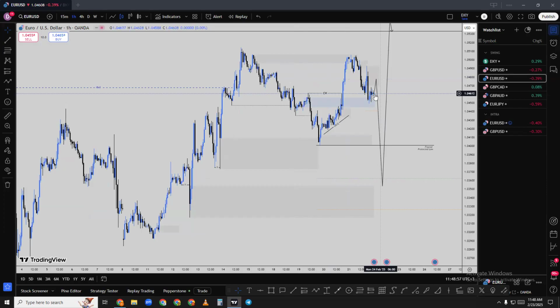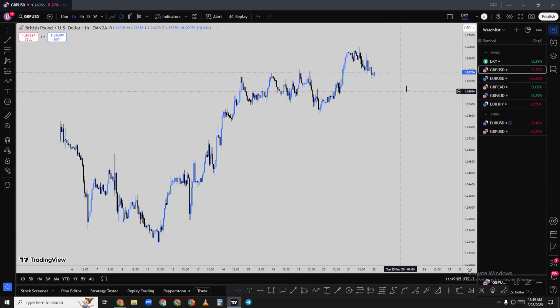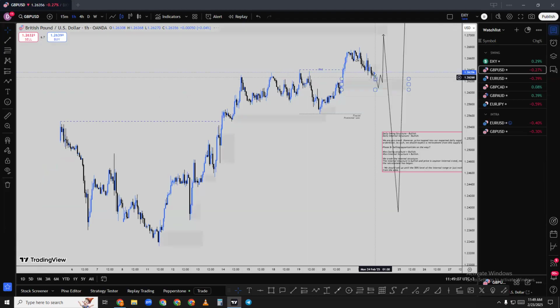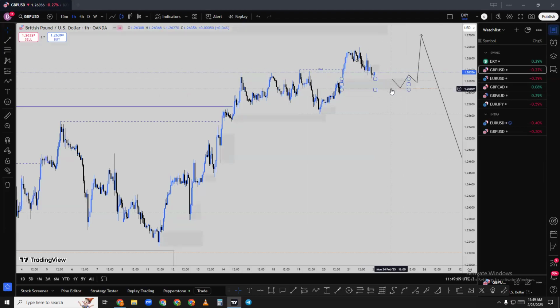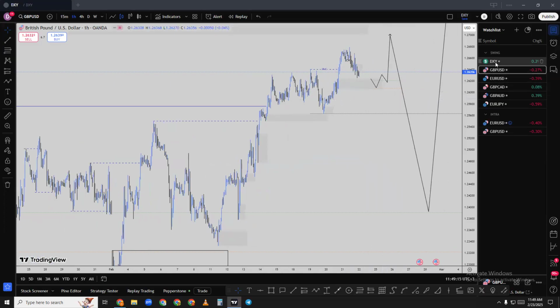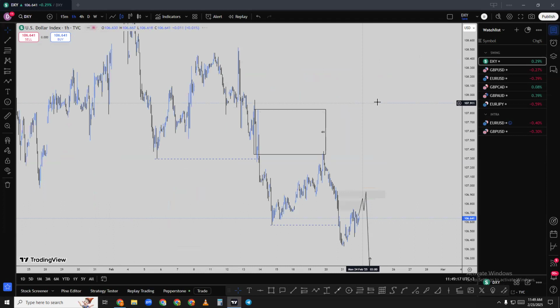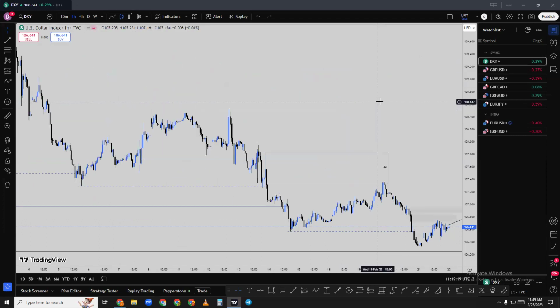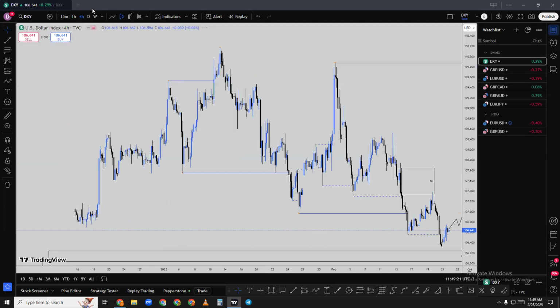So with Euro USD, this is something we buy and then we sell. GBPUSD, same scenario, that we are buying and then we are selling. And now of course the DXY. So that is how I'm looking at these currencies.